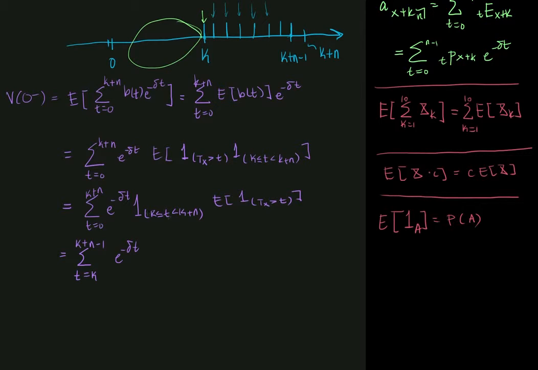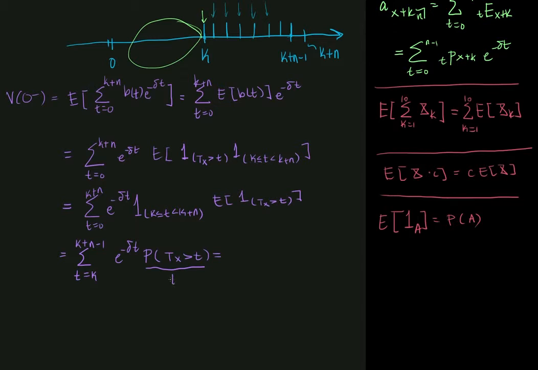So this indicator function goes into the sum, and then I change the mean value of an indicator of an event into the probability of that event, which is the probability that T_x is greater than t. So what we have here is the conditional probability of survival, right? Because it's the probability of the remaining lifetime of an x-year-old exceeding t.